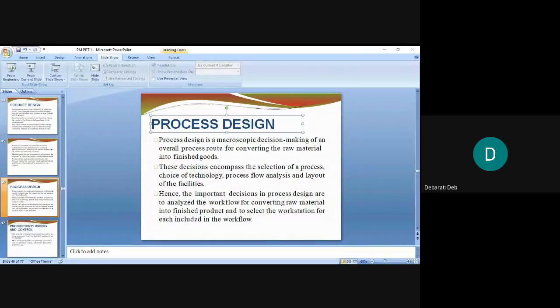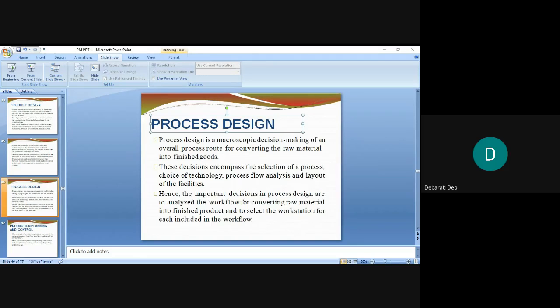For that you need to have proper product design, and in product design you have the function of all marketing, product development, and then manufacturing the product, right? So this process design is actually done at the very beginning itself, when the layout is determined. Once the facilities are selected, then when the layout gets designed, at that time itself the process has to be designed. But it comes into action once the manufacturing starts.